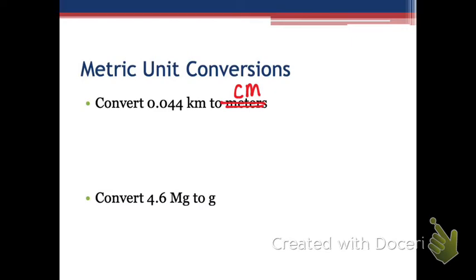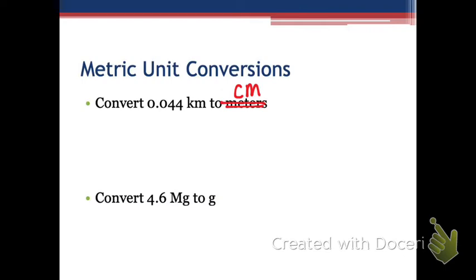Okay, so let's go ahead and look at now our conversion from kilometers to centimeters. What I want to know is, is there a way that I can go directly, can I do a conversion in one step directly from kilometers to centimeters? I can't, because nowhere on my chart does it tell me 1 kilo is equal to this many centis, right?